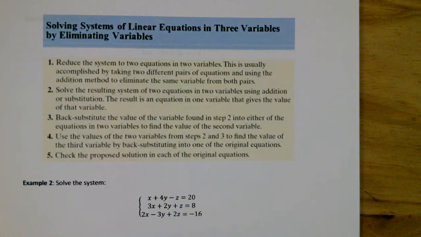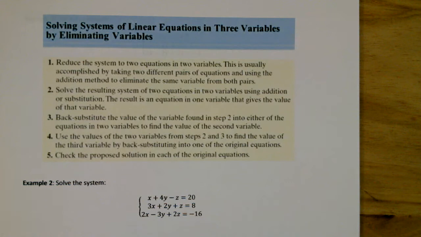This is usually accomplished by taking 2 different pairs of equations and using the addition method to eliminate the same variable from both pairs. Then the second step would be to solve the resulting system of 2 equations in 2 variables using addition or substitution. The result is an equation in 1 variable that gives the value of that variable.